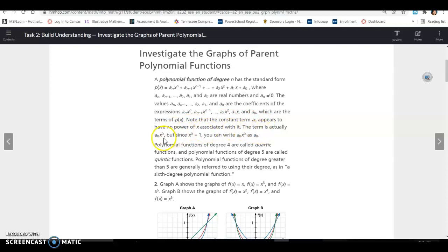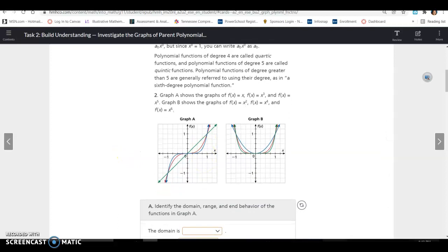The term is actually a sub 0 x to the 0, but since anything to the 0 power equals 1, you can write this as a sub 0. Polynomial functions of degree 4 are called quartic functions. Think of quartic as always being 4. And polynomial functions of degree 5 are called quintic functions. Polynomial functions of degree greater than 5 are generally referred to using their degree, as in a 6th degree polynomial.